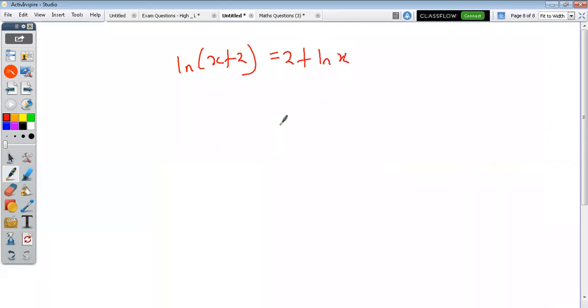So we can bring the terms involving ln x to one side. Minus ln x is equal to 2. Then we know that mathematically we can divide.